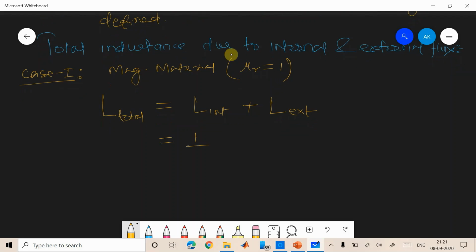L internal we have found as 1 by 2 into 10 raised to power minus 7 mu r. Okay? Plus L external we have found as 2 into 10 raised to power minus 7 ln d by r.